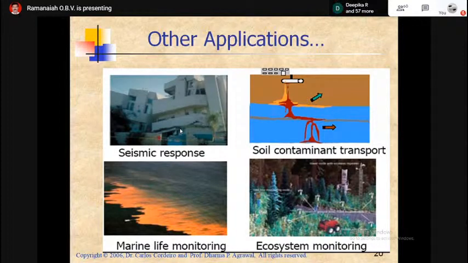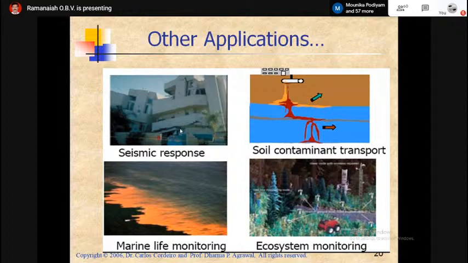If the pollution levels are beyond certain levels, you can raise the alarm and ask the villagers not to drink water from these sources or to drink healthy water from other sources. That way, you can alert the nearby dwellers. So here the point is that the sensors are deployed underground for detecting the soil contamination, right?